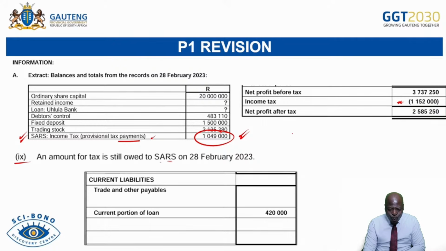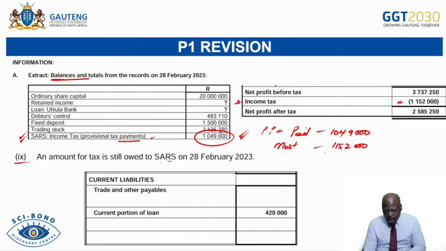Okay, so we have paid these provisional payments, 1,049,000. You find that in the list of balances. And then what we must pay, you find in the statement of comprehensive income. That is your 1,152,000.